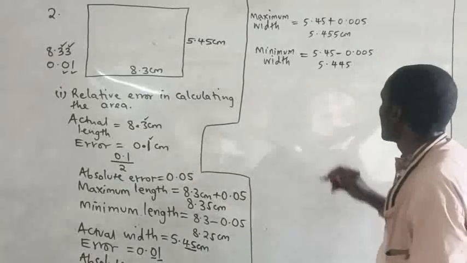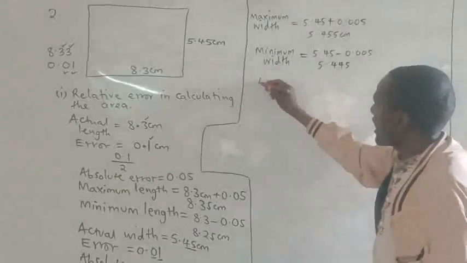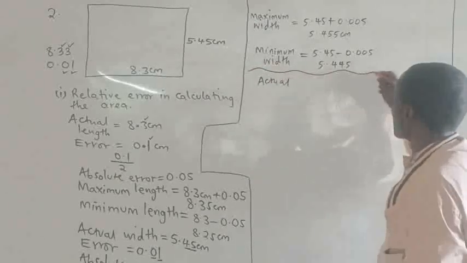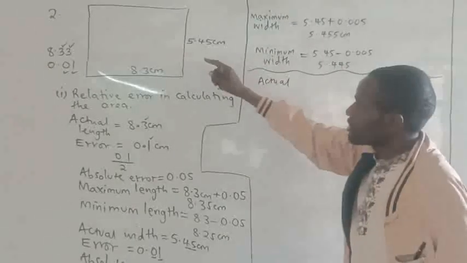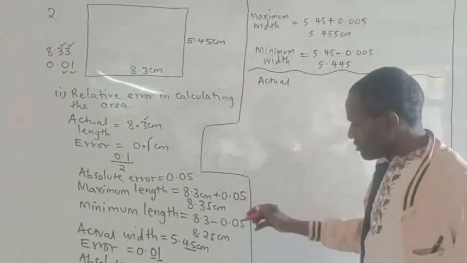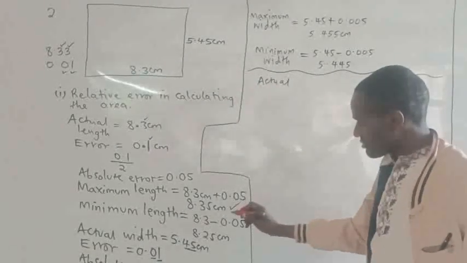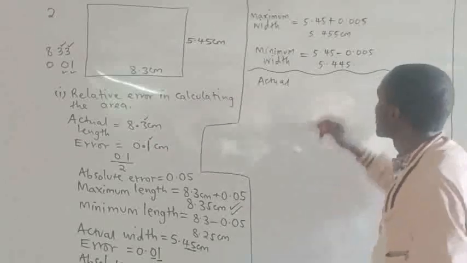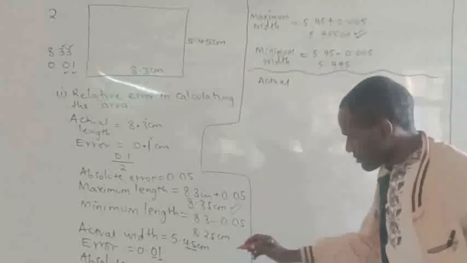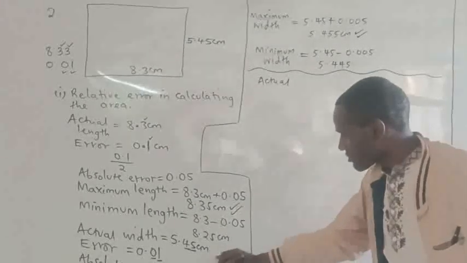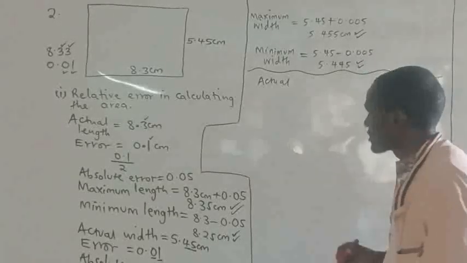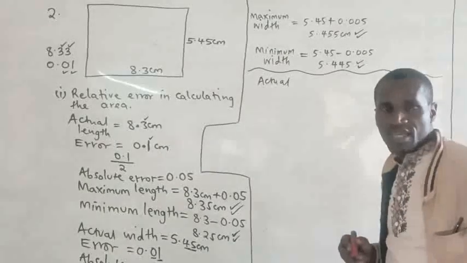Very good. Now, can we get the actual area? Because we have the actual length and actual width, the maximum length and maximum width, and the minimum length and minimum width, we can get the respective areas.